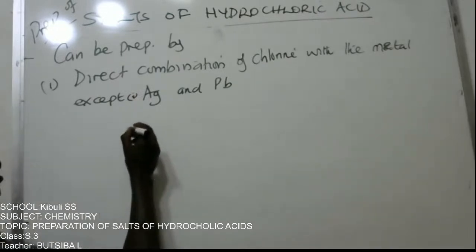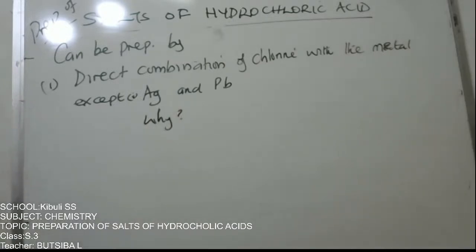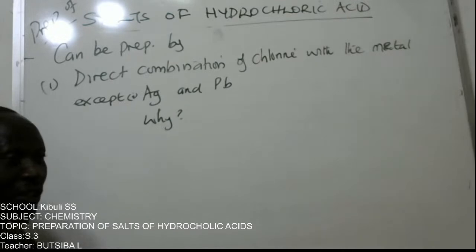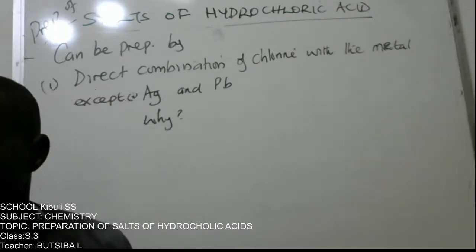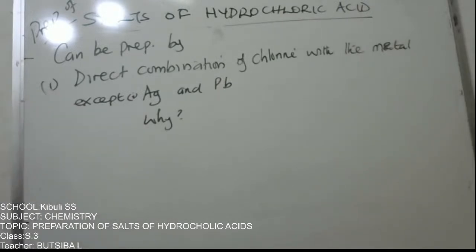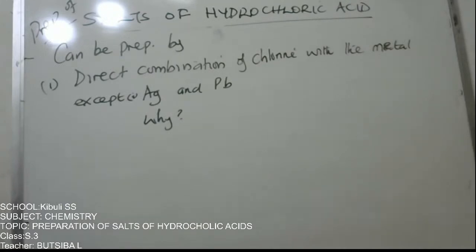So, can you tell me exactly why? Why can't you take that method? I have some people in the studio, they'll mention the answers for you to come in later. Why can't we combine chlorine with these metals directly?